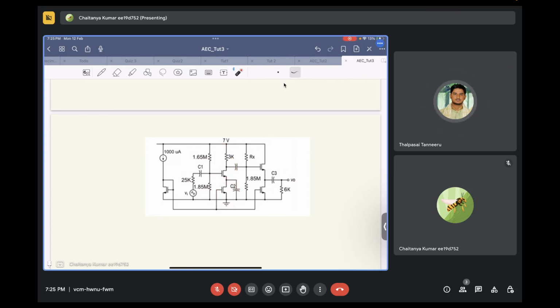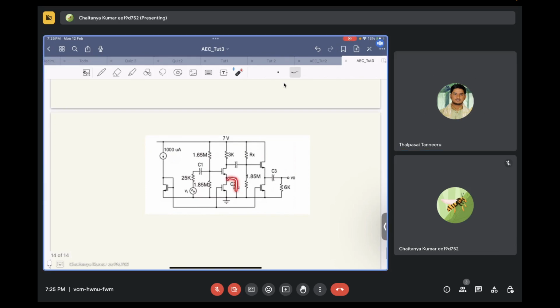In small signal, yes, sir. If your C2 is shorted, your input comes from here, your output goes at the drain. And your source is shorted. What is it? Common source. Yes, sir. Okay, so there is a common source stage followed by a common drain stage.